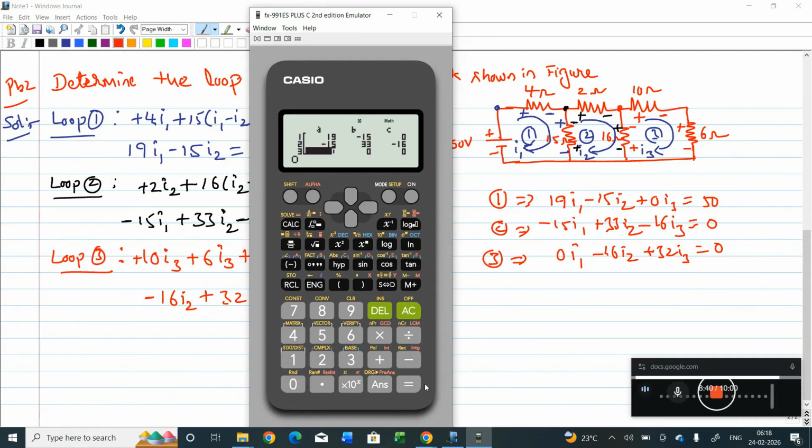Then 0, minus 16, 32, 0. After entering these equations, if you click on equal to, you will get the answer. So I1 is 5, I2 is 3, I3 is 1.5.